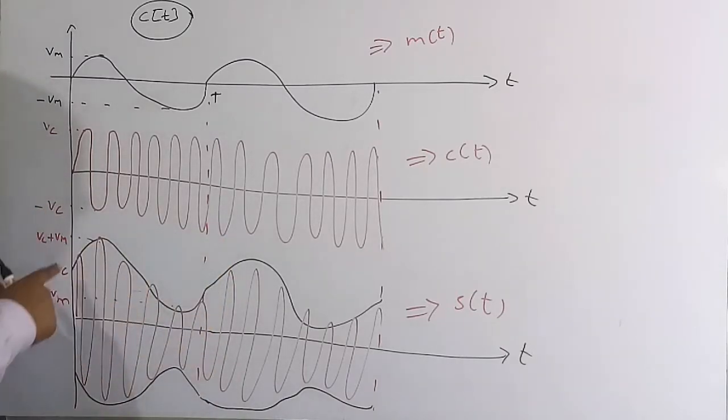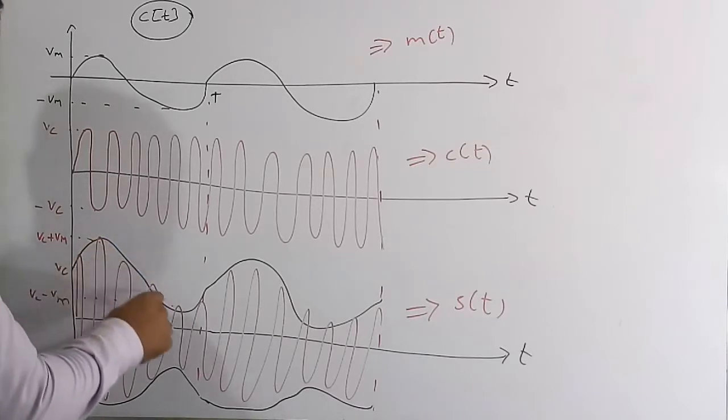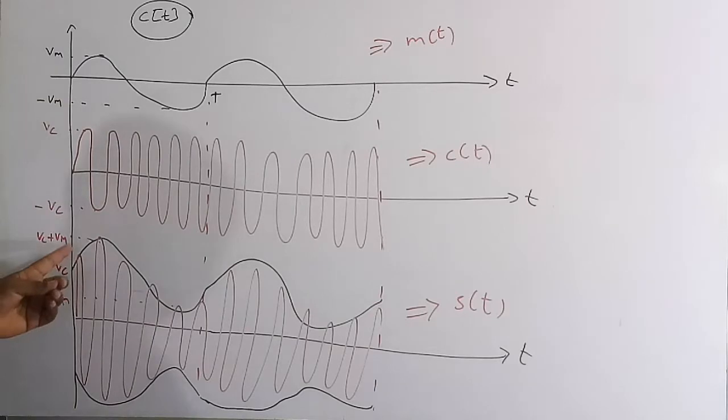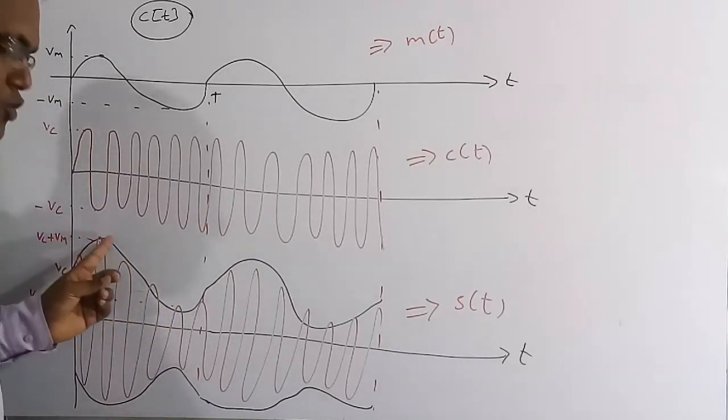If you see carefully, the peak value of this signal is Vc plus Vm, and the minimum value of this signal is Vc minus Vm. Here the black one indicates the message signal. At the demodulation process, at the receiver end, we need to apply some technique.